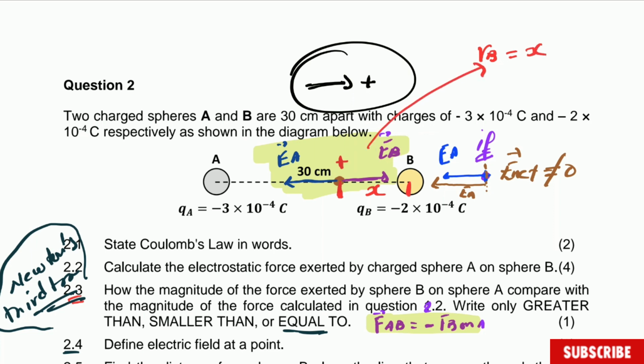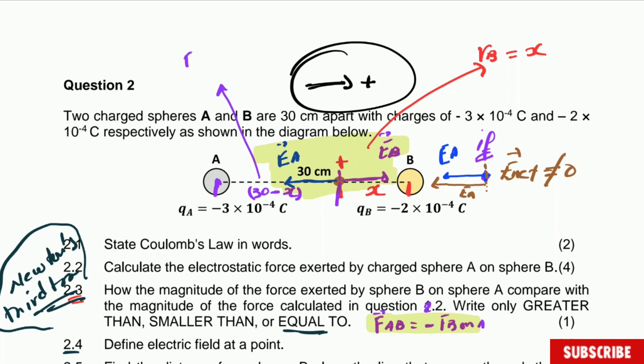And A, the distance from A to the point, now this is mathematics. This distance from here to there is going to be 30 minus X, because it is the distance from A to this specific point. It's simple math.